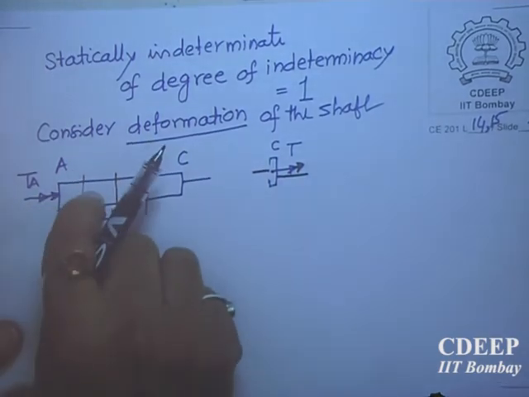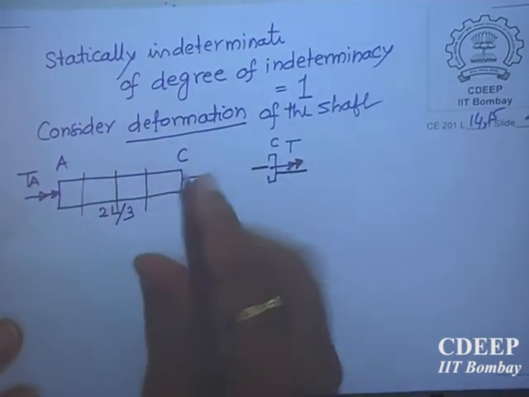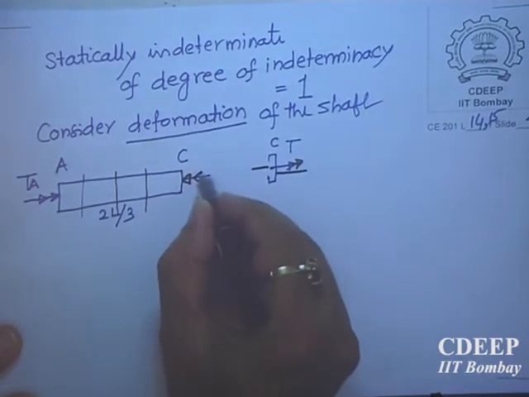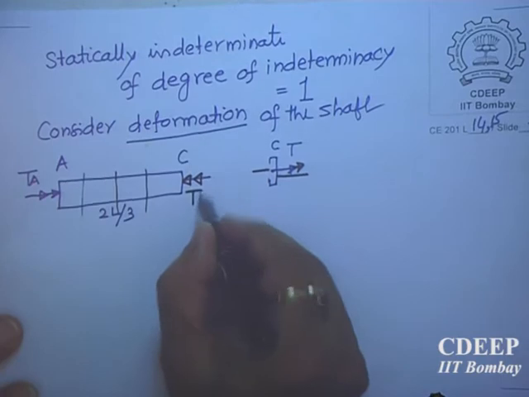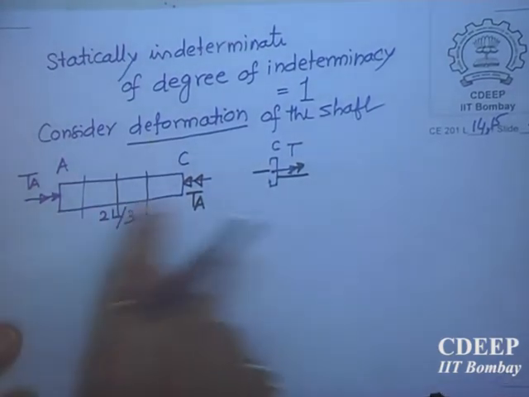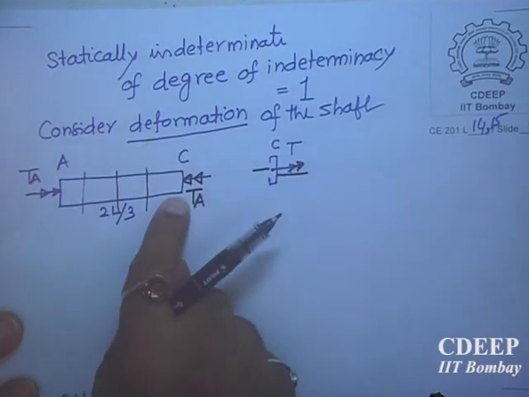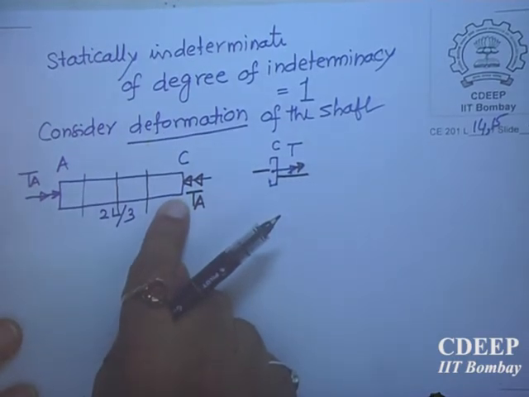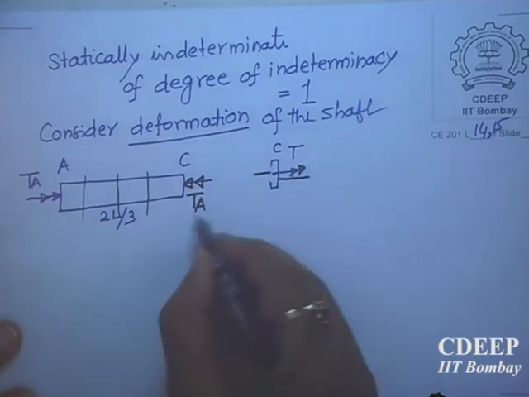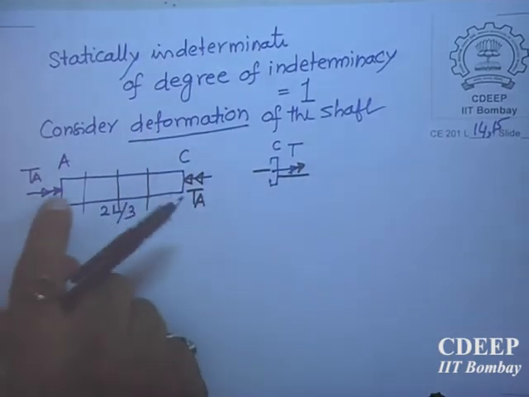They must be equal and opposite. It must be in equilibrium. So at the C end also, you must have a torque TA. That means throughout this A to C you have a torque TA, and they have to be equal and opposite. So this direction is already known because you have already assumed this.